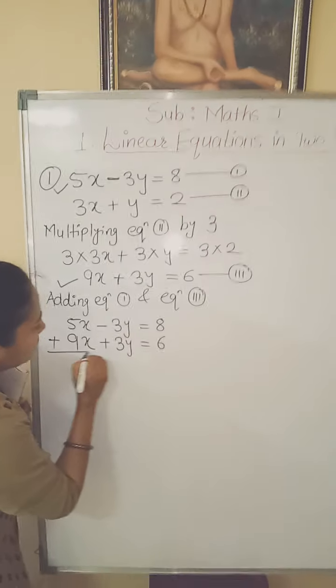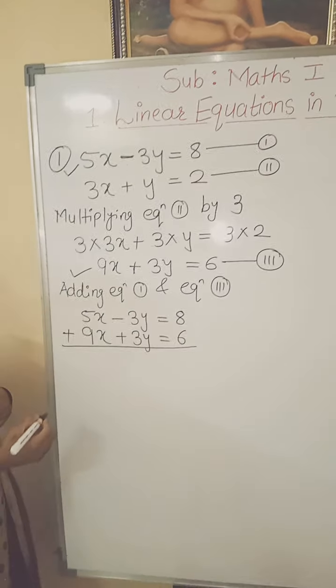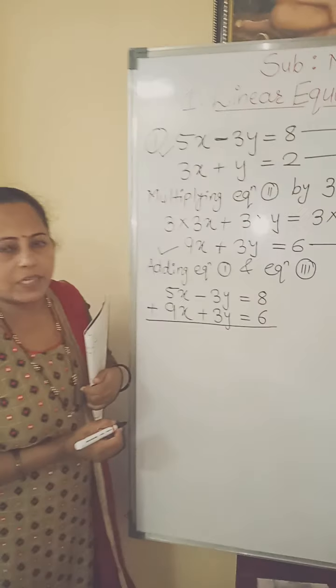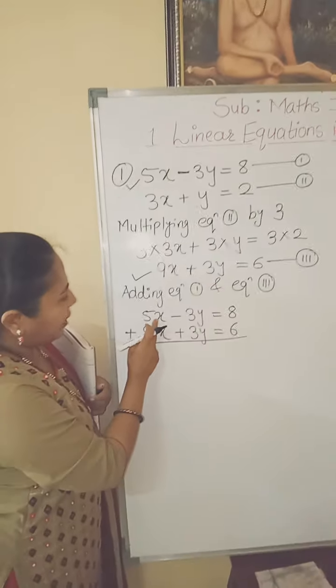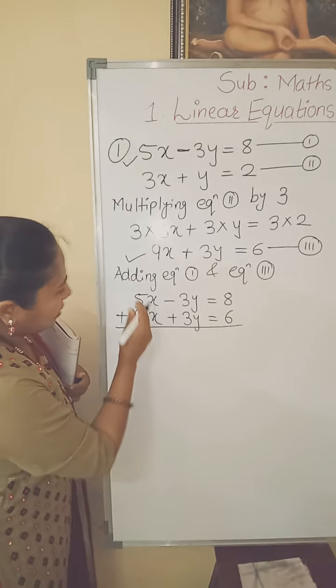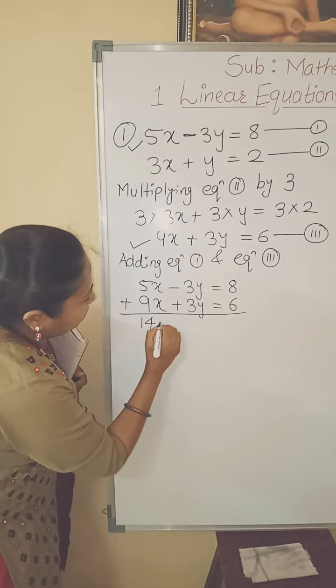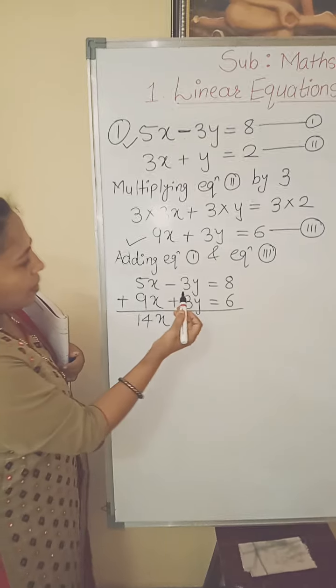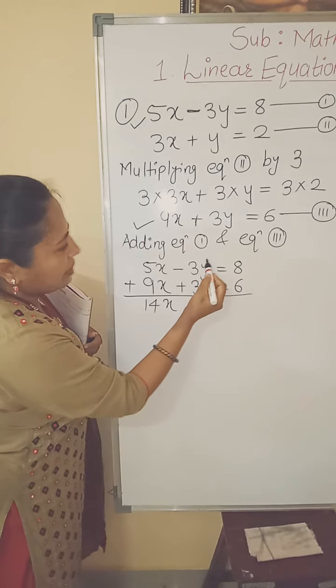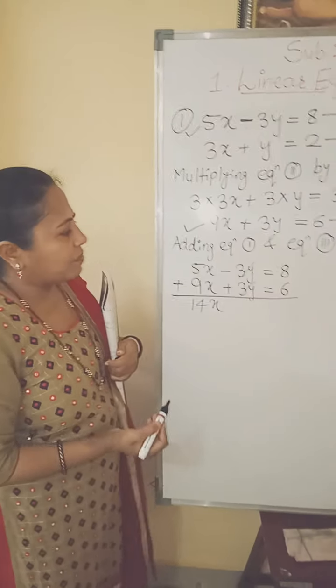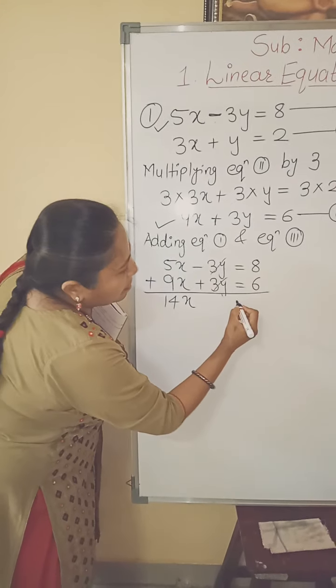Now to add these equations we will use the addition of algebraic expressions method. We have to add the coefficients. Now 5x plus 9x is equal to 14x. Negative 3y plus 3y, these terms get cancelled. We will get the answer 0.